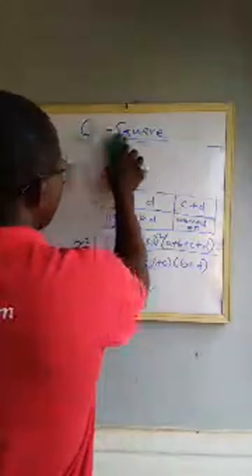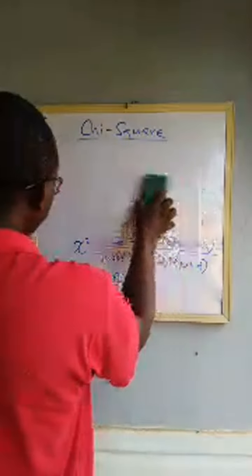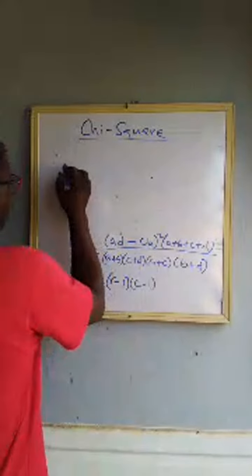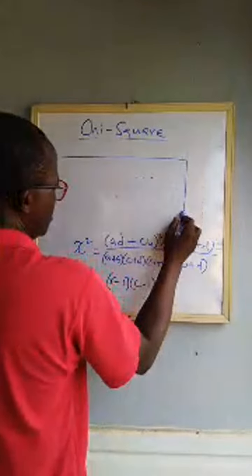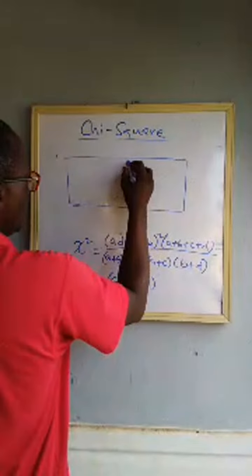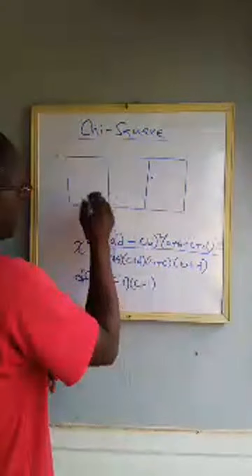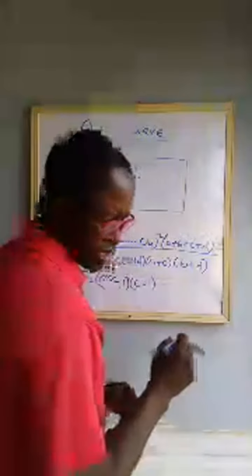Let me modify this table, so let's leave the formula down there. So we form the table. The table you are given is 3 first, before you increase it.